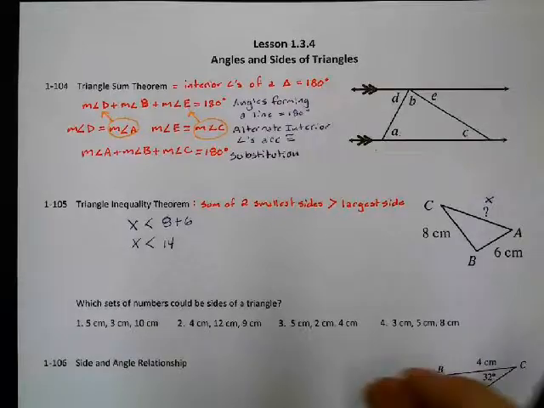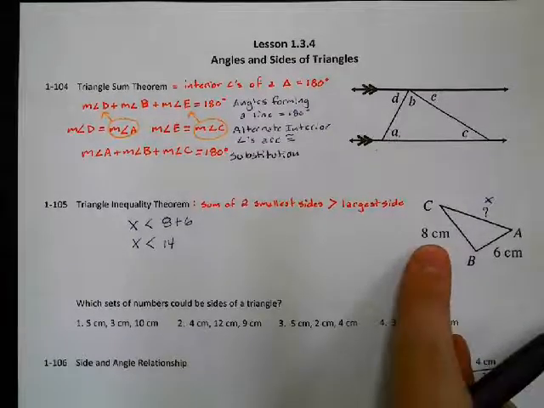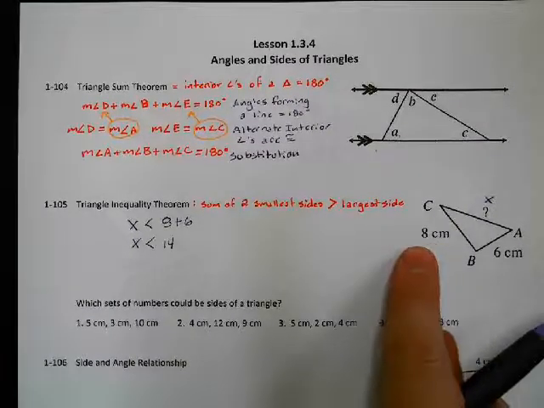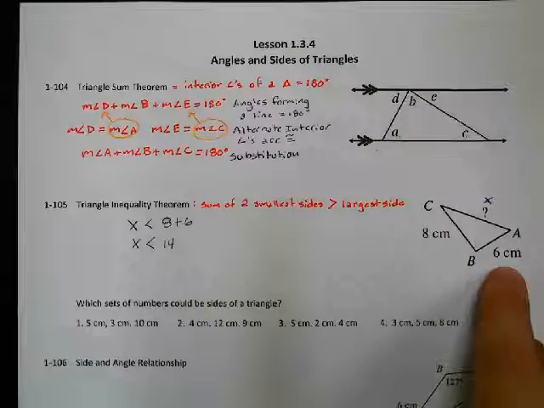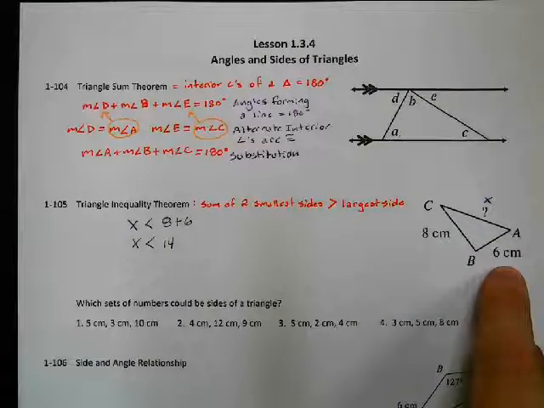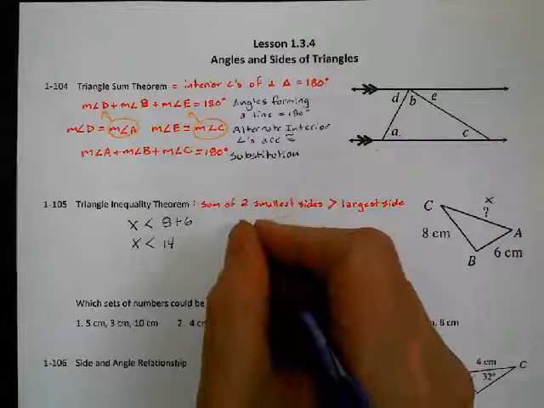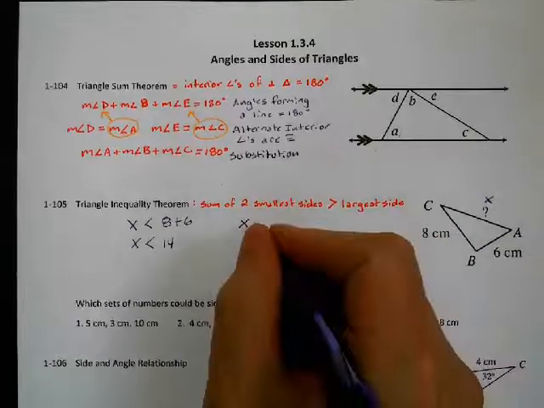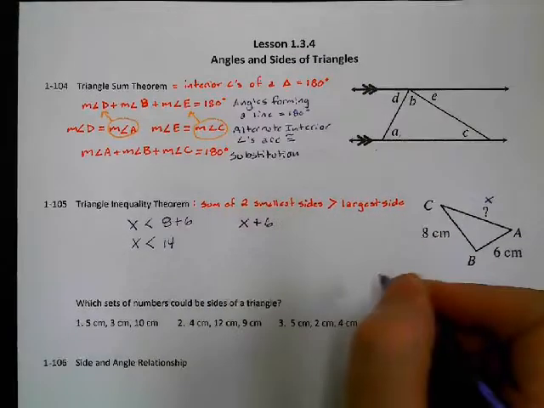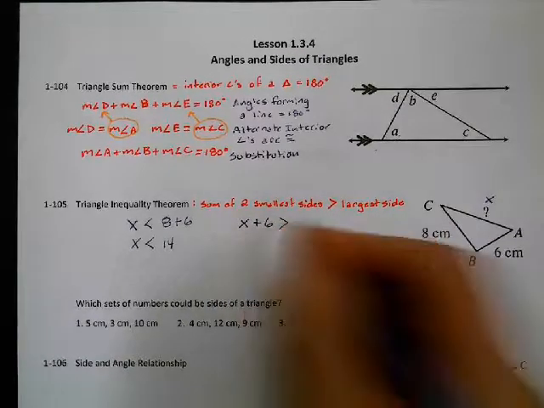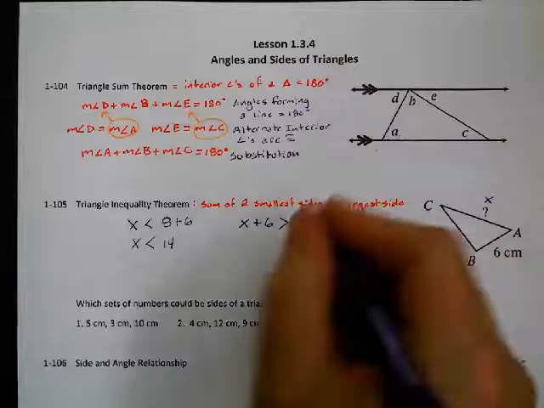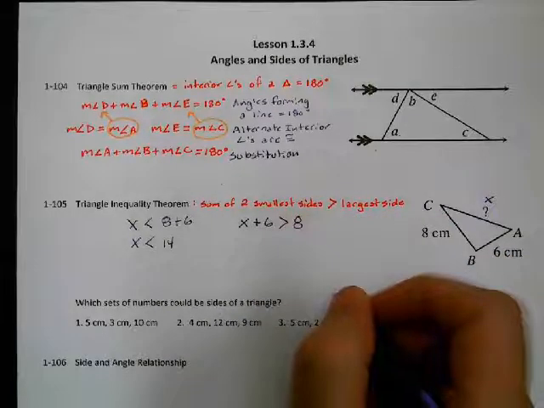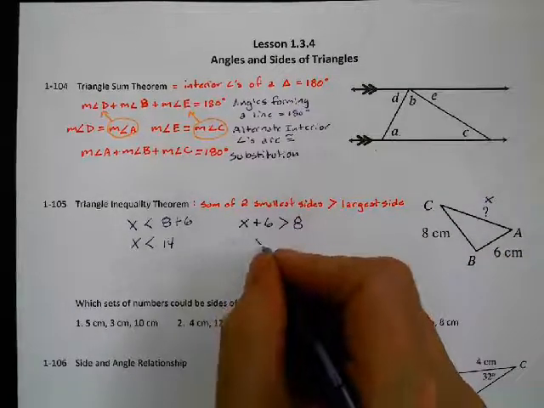Now, if 8's the biggest side, then that means that these two sides together have to be bigger. So I'm saying that x plus 6, my two small sides, have to be bigger than 8, the largest side. Subtract 6 from both sides, and now I found out that x has to be bigger than 2.